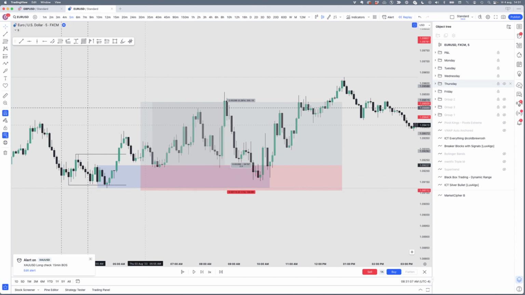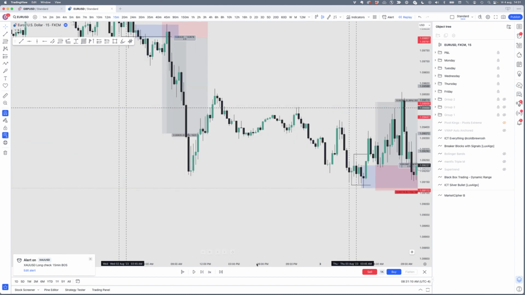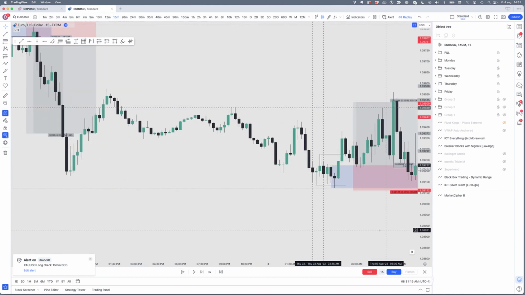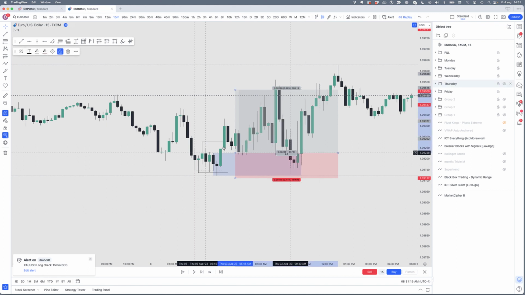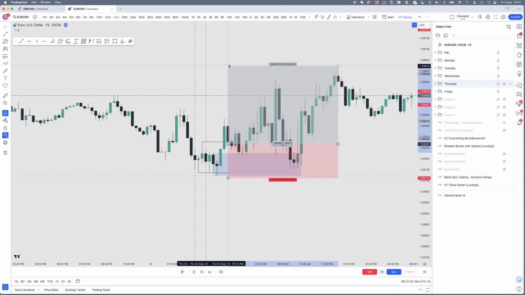Oh, now I know. When I just paper traded it yesterday, I know I entered on the fair value gap, not on the order block, because the profit only came when we came up to there. So let me draw that out. Then it was this fair value gap. Yeah, the 15-minute fair value gap.